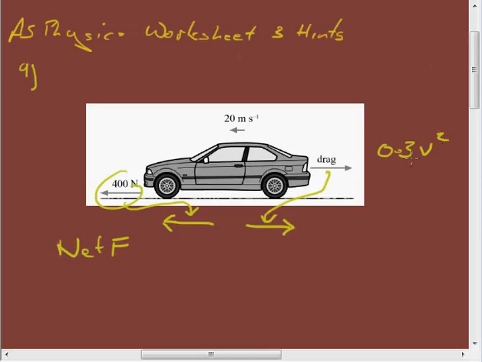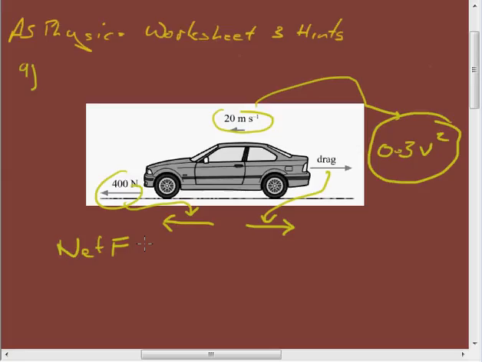And if it's due to the drag, it's going to be worked out or calculated by this formula. And you know what V is because it tells you the V from here. So you plug that into that formula, you find the net force, and there it is.